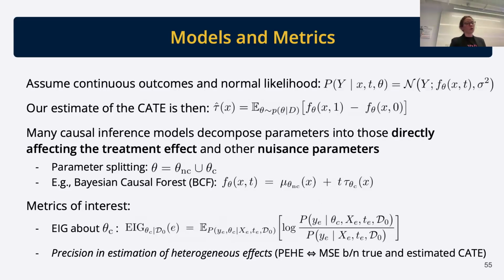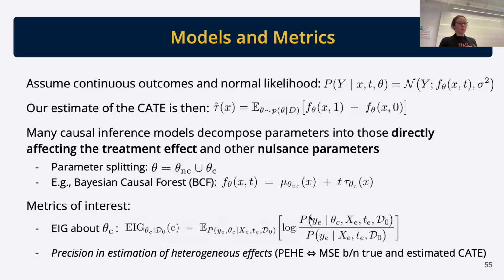Therefore, we're going to define a more specialized expected information gain, where we're integrating out the nuisance parameters and targeting information about the causal parameters only. This is the formulation of the mutual information in this case. It's the same thing as before. It's an expectation with respect to the joint of the log density ratio of the likelihood to the marginal.